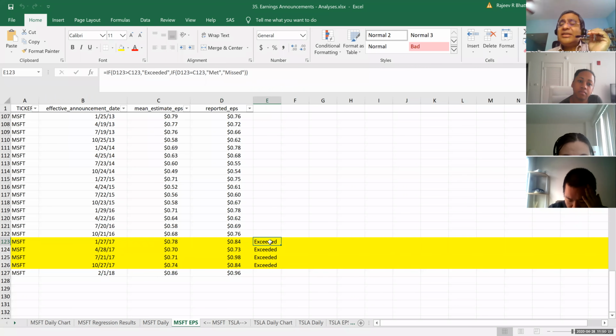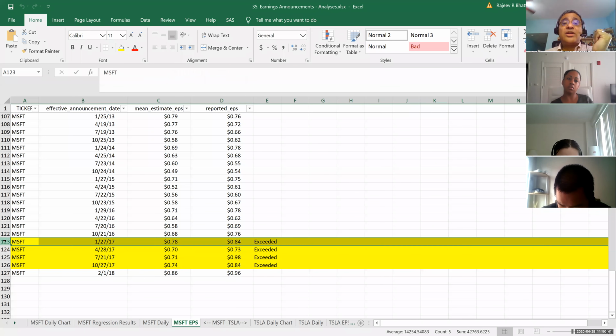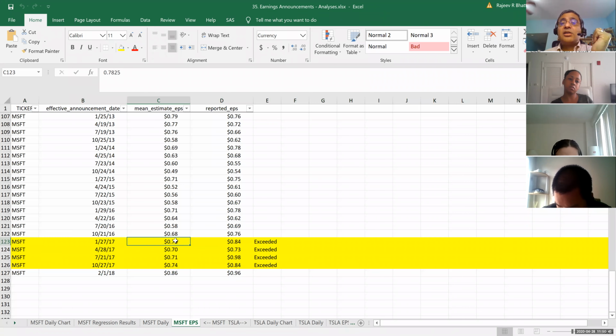This is what people who base their work on analyst reports will say, and what you'll see in the Wall Street Journal or news reports: Microsoft exceeded analysts' expectations on January 27th, 2017. Market analysts' mean estimate was 78 cents. The reported was 84 cents.